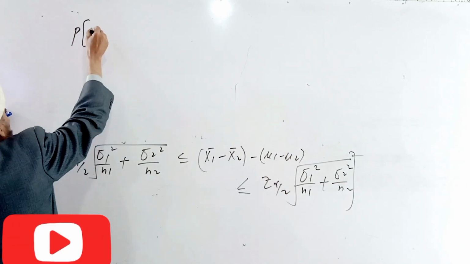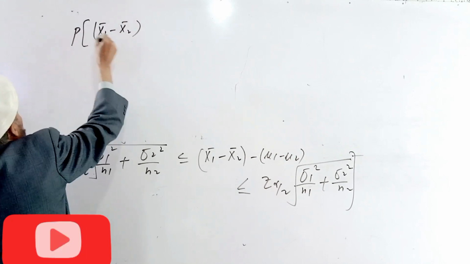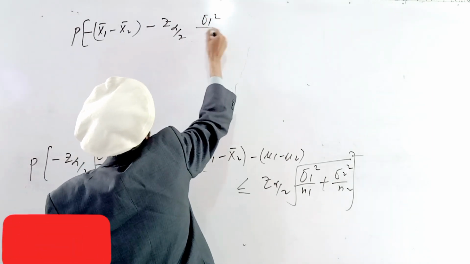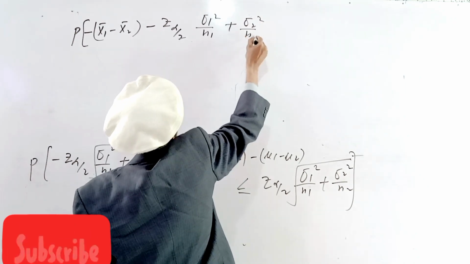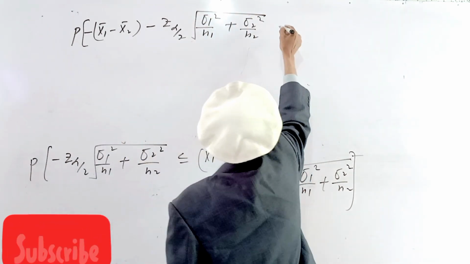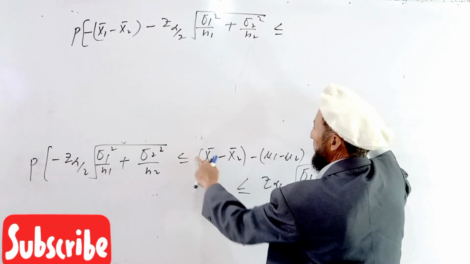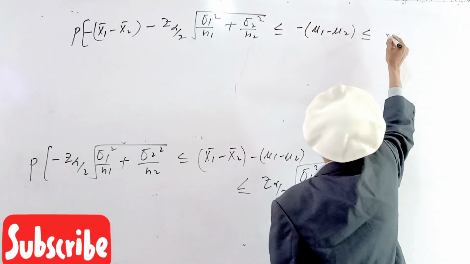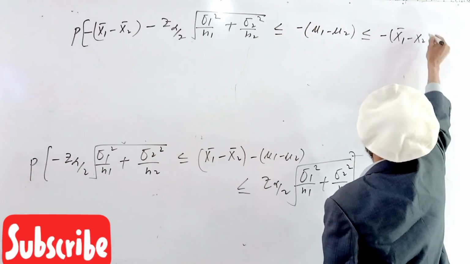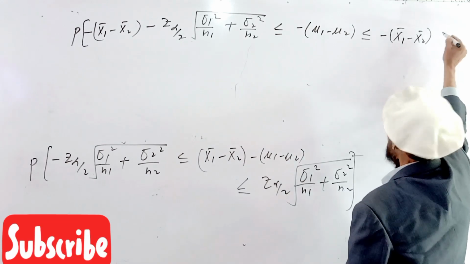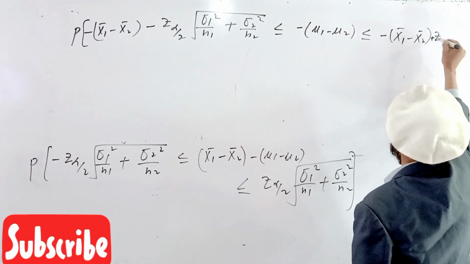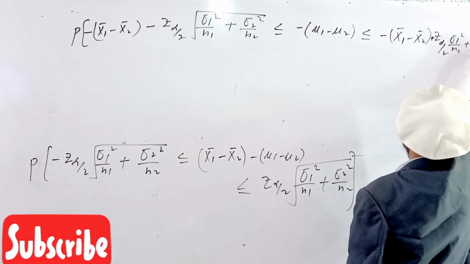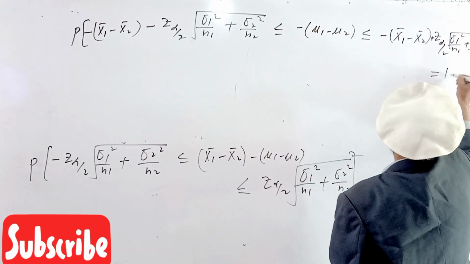Probability of, if we subtract x1 bar minus x2 bar from each part, minus z alpha by 2 times the square root of sigma 1 square divided by n1 plus sigma 2 square divided by n2, less than or equal to, here the plus and minus terms cancel, so minus mu1 minus mu2, less than or equal to minus x1 bar minus x2 bar plus z alpha by 2 times the square root of sigma 1 square divided by n1 plus sigma 2 square divided by n2, is equal to 1 minus alpha.